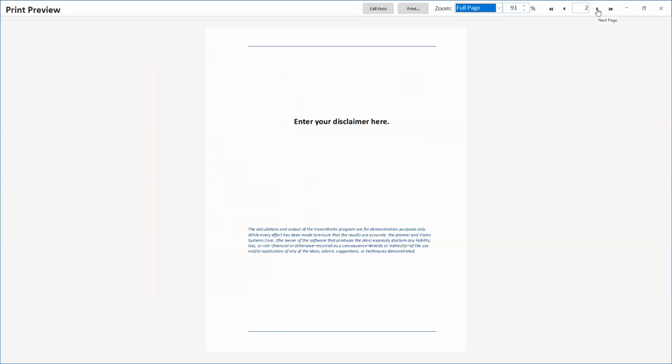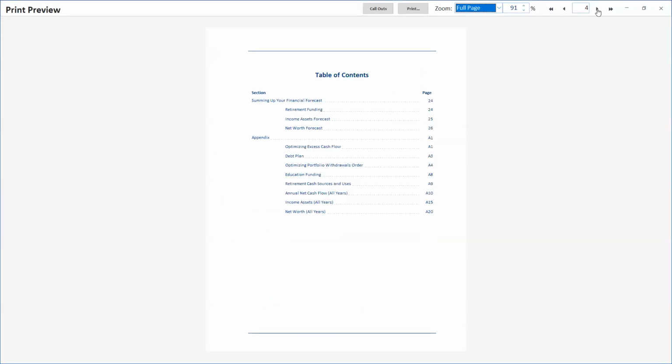So let's have a look at this, and you can see the table of contents, nothing about legacy planning and so on.